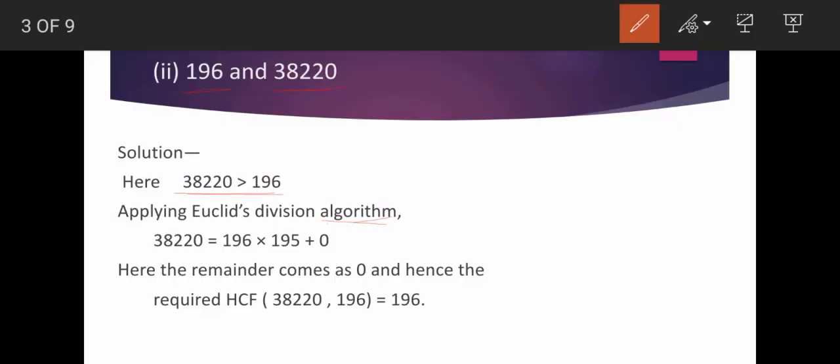So let us check here. When we divide 38220 by 196, we get the quotient as 195, and we got 0 remainder.